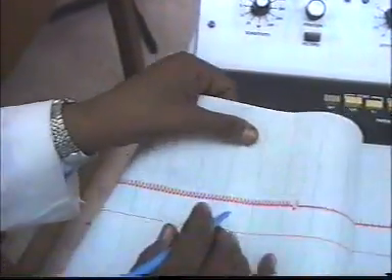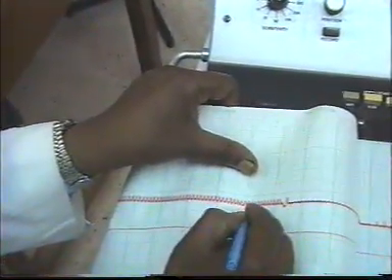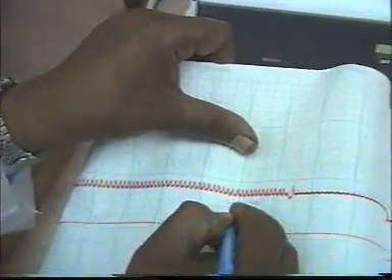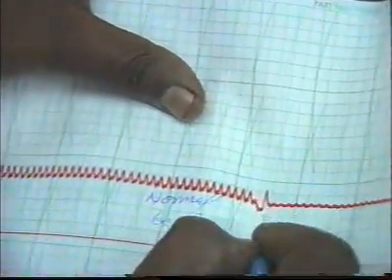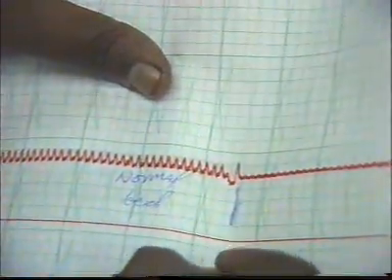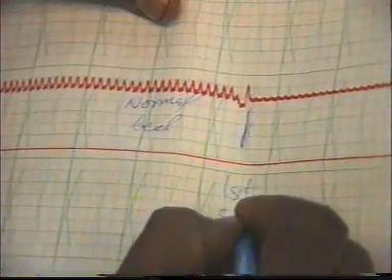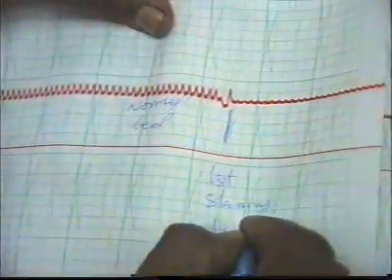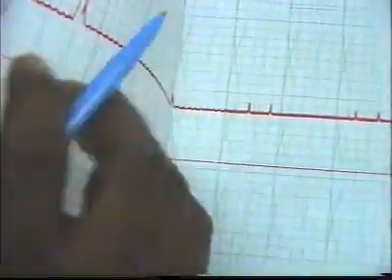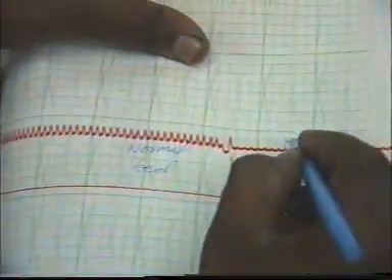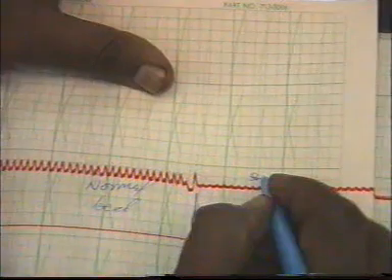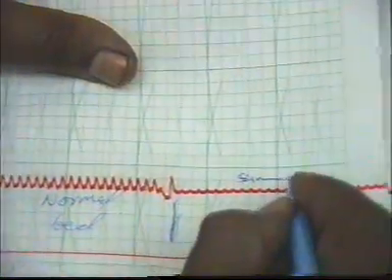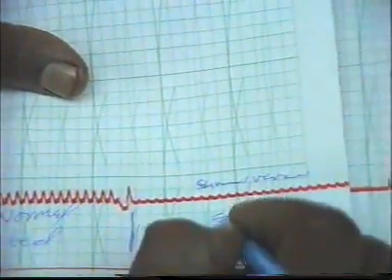This is normal heartbeat, normal beats. This is the application of the first Stannius ligature. Ventricular, sinus venosus contractions.